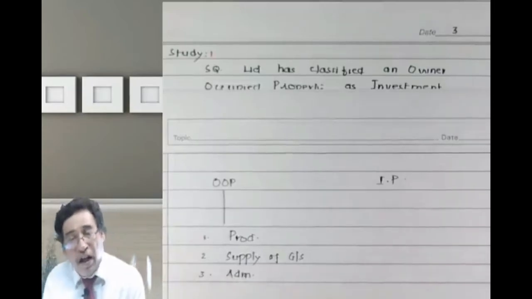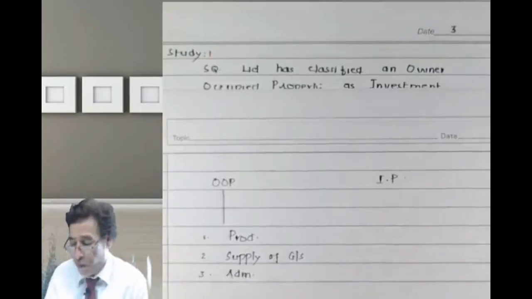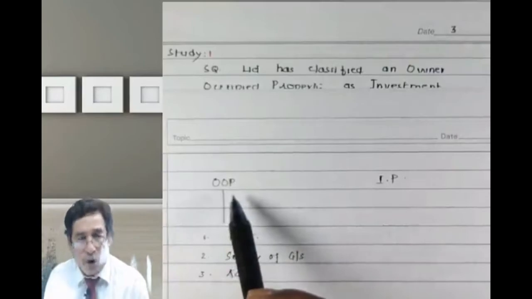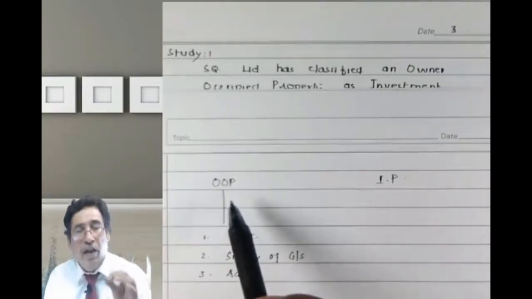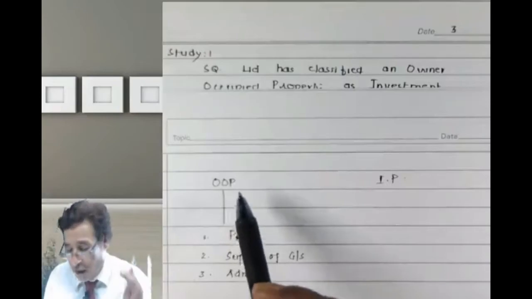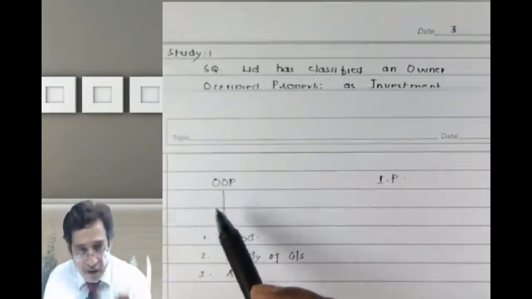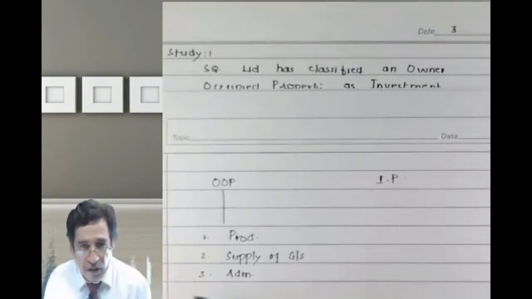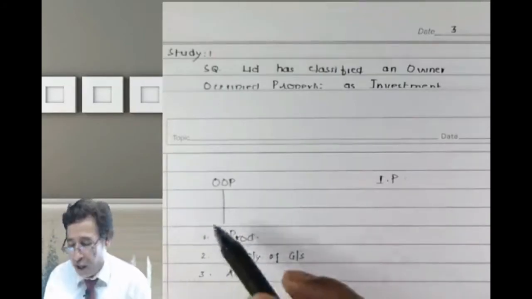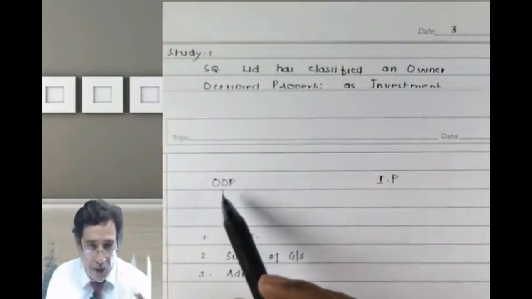Then we call it an owner-occupied property. I have already told you owner-occupied property could be in the hands of the real owner or it could be in the hands of the lessee. But if the real owner or the lessee is using this property for any of these purposes or for all these purposes, that will be termed as owner-occupied property.